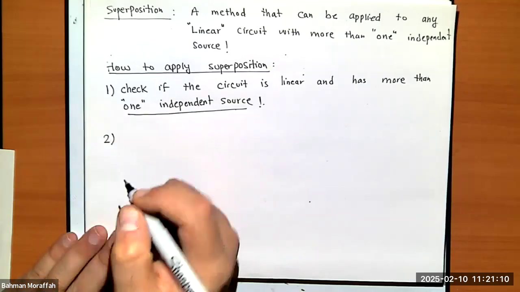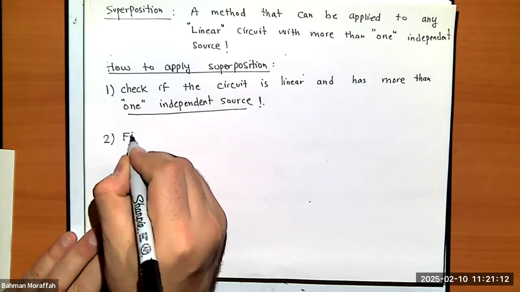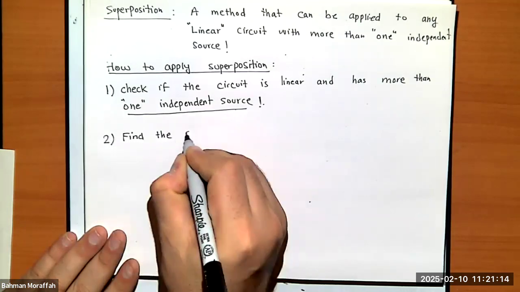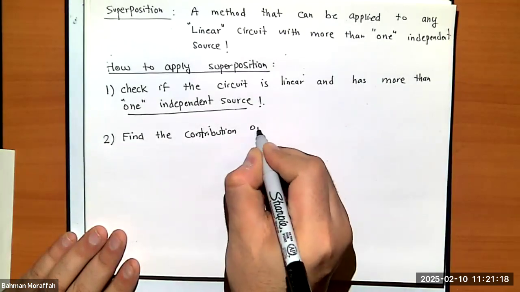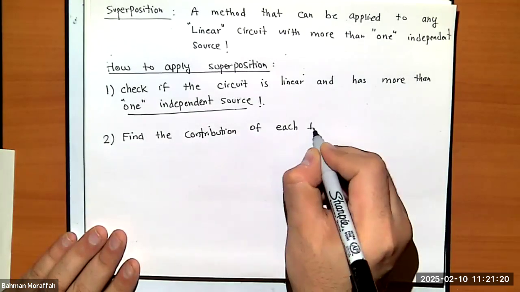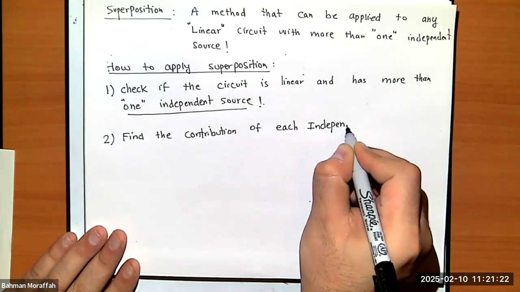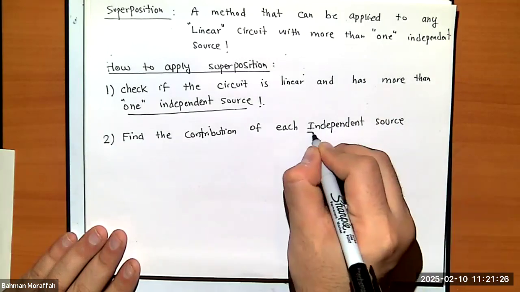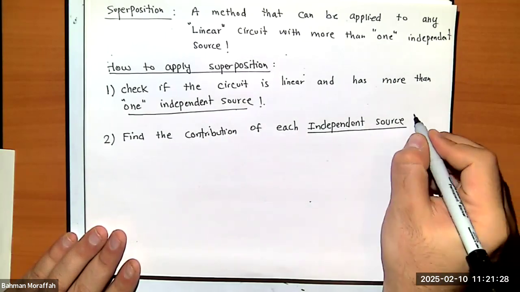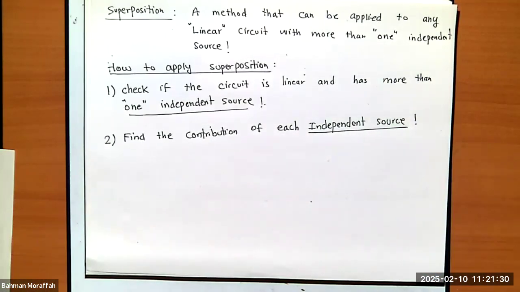Second step, as I mentioned, is to find the contribution of each independent source. So if I want to find the contribution of every single source, I have to keep one of the sources and get rid of the rest of them.